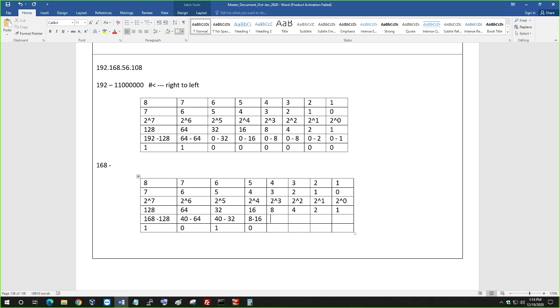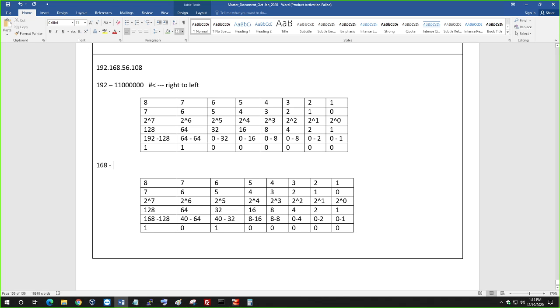Then 8 minus 8, you are able to remove, so 0. And this part is 0 minus 4. You cannot do that, so this will become 0. And 0 minus 2, and 0 minus 1, you cannot do this. So 0 and 0.